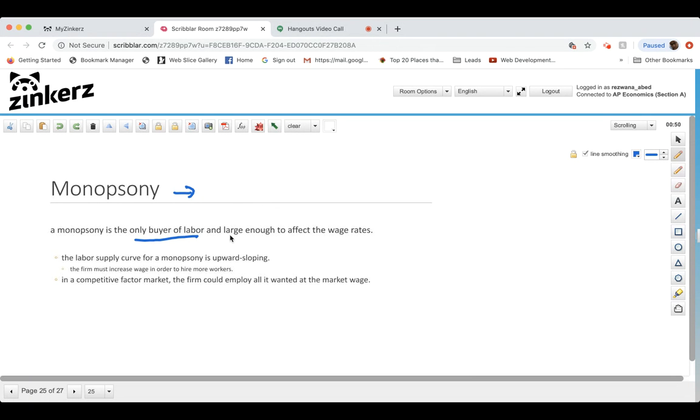So just because we're talking about labor, we're going to go with labor. The example I could think of for a monopsony is, back in the days, you would have really small towns where there would be only one coal mine.